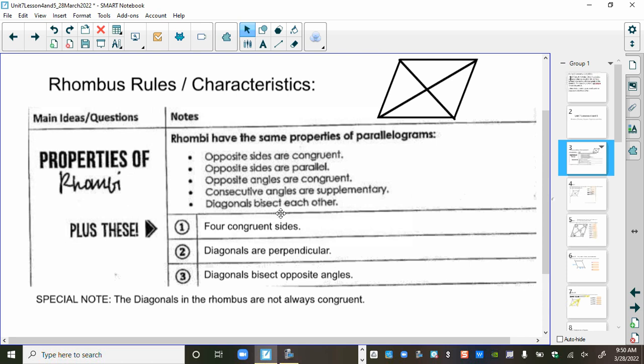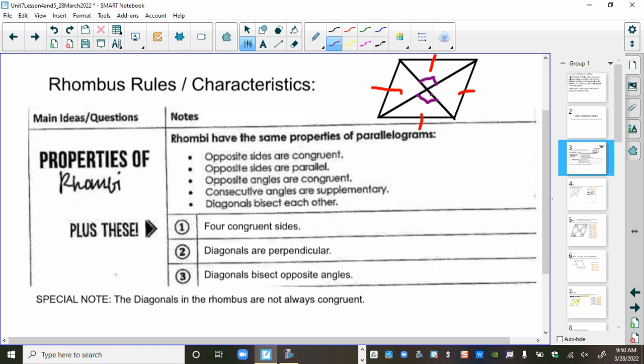Anyway, now, rhombus. The outer sides are congruent. That means all four of these sides, boom, boom. So like a square, all congruent. Diagonals are perpendicular. So if it's perpendicular, what type of angle do we have at this intersection?